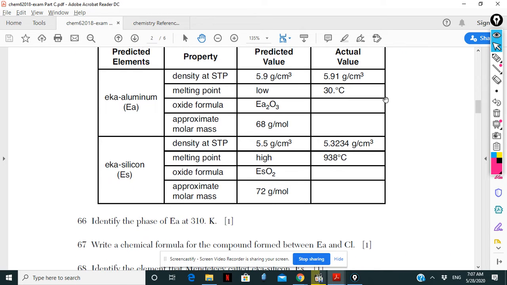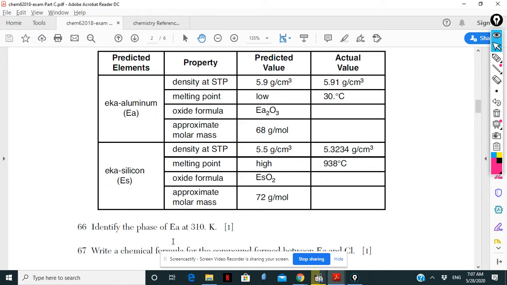The first question: identify the phase for EA at 310. So EA, here it is. I'm looking for the phase at 310 Kelvin. Here he gives me the melting point in Celsius, so I have to convert it to Kelvin.